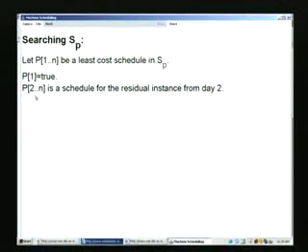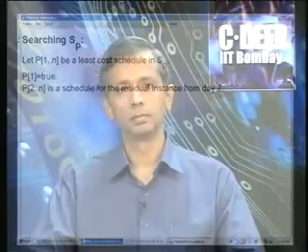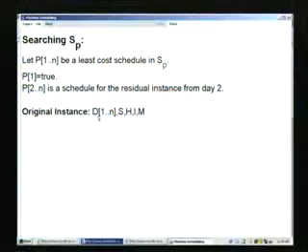P of 2 to n is the rest of the schedule, but now I can think of P of 2 to n as a schedule for the residual instance from day 2. Let me clarify this. Our original instance was this, with D an n-integer vector.